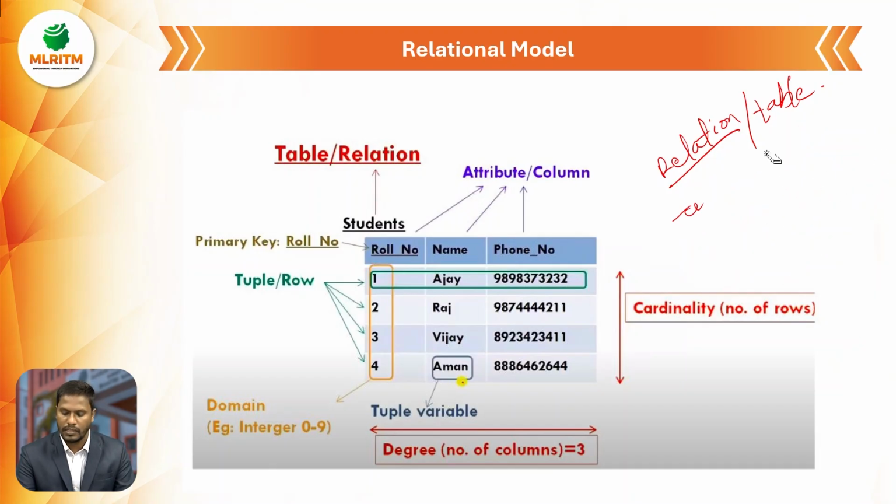Another rule is that it should be unique, meaning different from one another. For example, student roll numbers should all be different. That is why we choose this as the primary key.